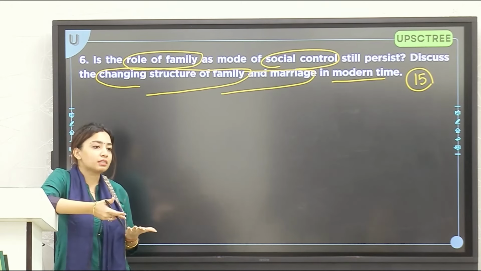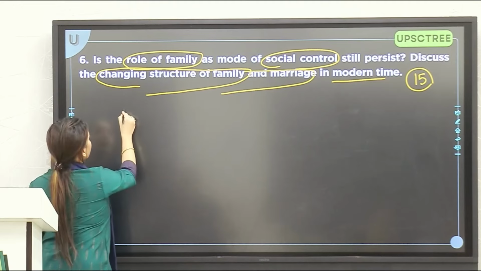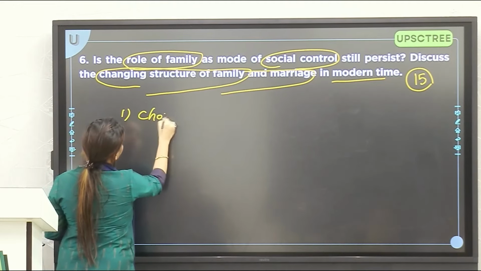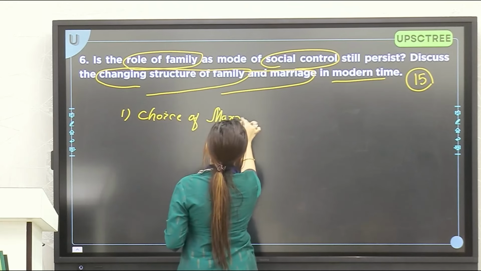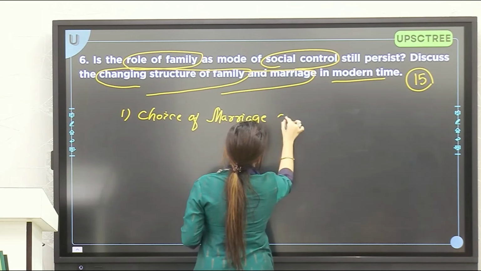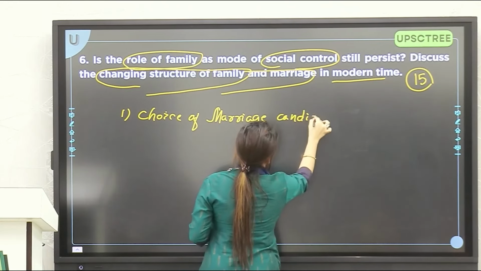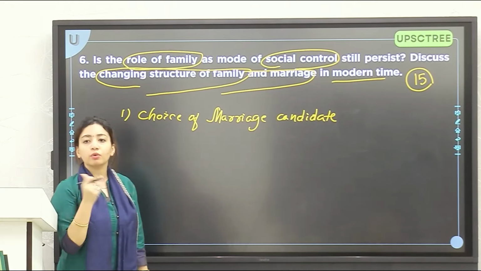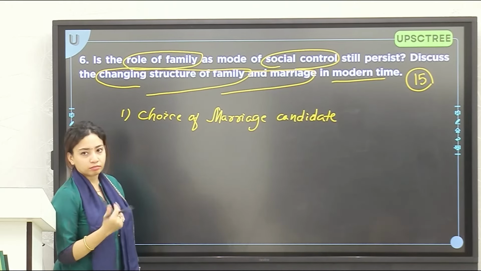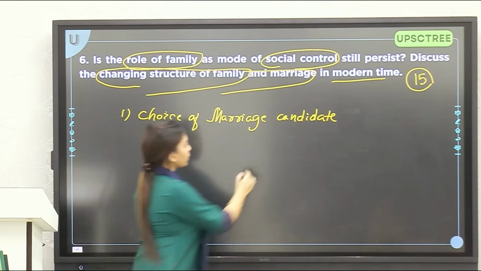Yes, parents decide. So first thing is keywords. Choice of marriage perspective or marriage candidate. So mostly this is done through which kind of marriage? Arranged marriage.